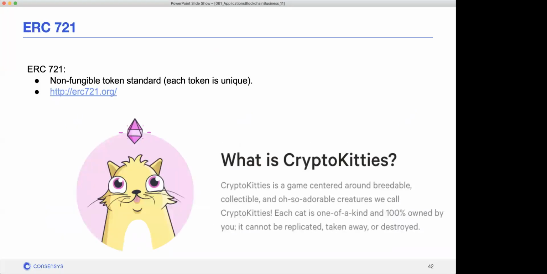Non-fungible tokens have been used for a variety of things, and one of them was actually CryptoKitties. This is an example of how each of these kitten things was unique. People were trading them and spending heaps of money on CryptoKitties.